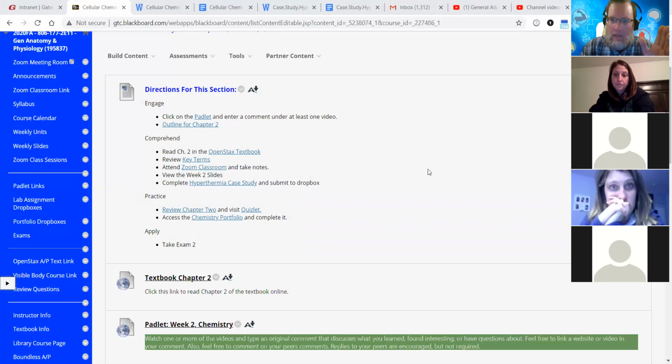And the help that a lot of you may need is hands-on help, right? You may need to touch some models. You may need to see an actual model of a heart and models of bones. Especially those of you in Elkhorn, that's my base campus, so I know the folks at that campus that work in the Learning Success Center.